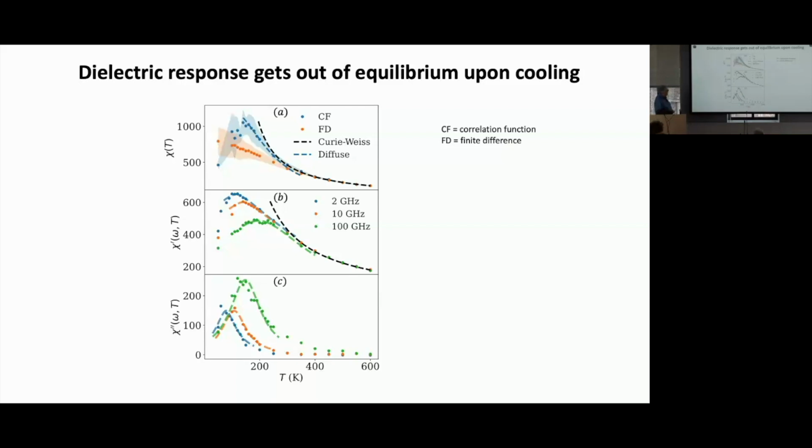And here we have a difference in the static susceptibility when the system gets out of equilibrium.